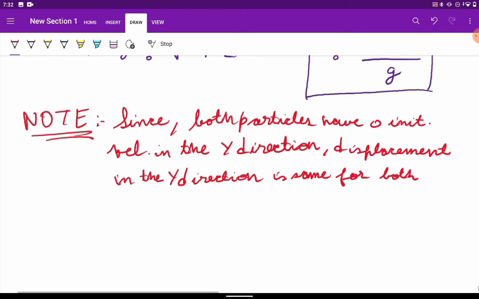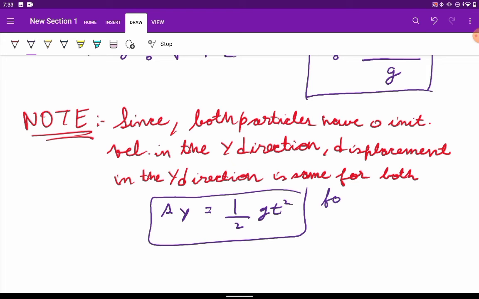If I write it as sy in both cases, using ut plus half at square, since u is 0 and a is g, it will be half g t square for both particles.